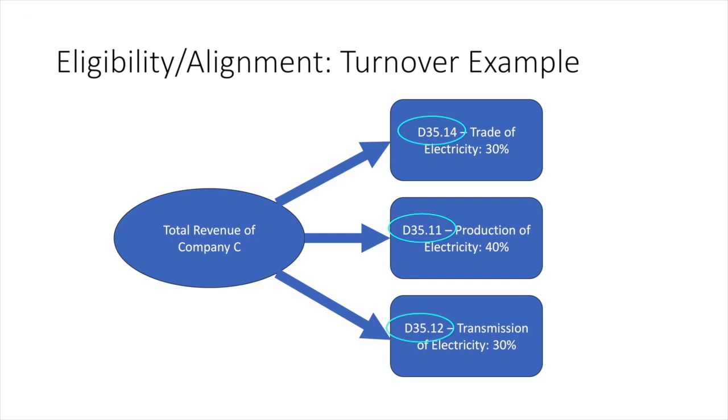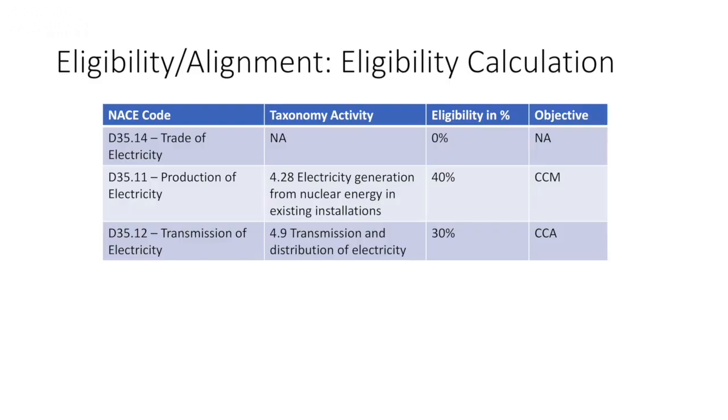The proportion of revenue linked to a NACE code that has a corresponding taxonomy activity will be taxonomy eligible. In this example, only 2 NACE codes that constitute 70% of total turnover have corresponding taxonomy activities. Therefore, only 2 revenue streams of company C are taxonomy eligible.